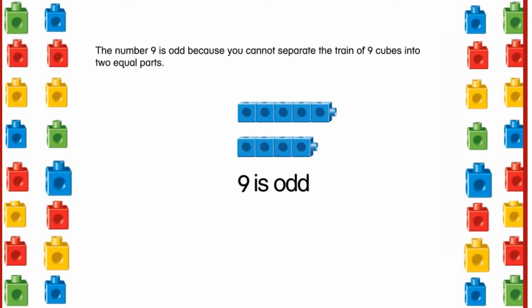The number 9 is odd because you cannot separate the train of 9 cubes into two equal parts. What are some other even numbers, and what are some other odd numbers?